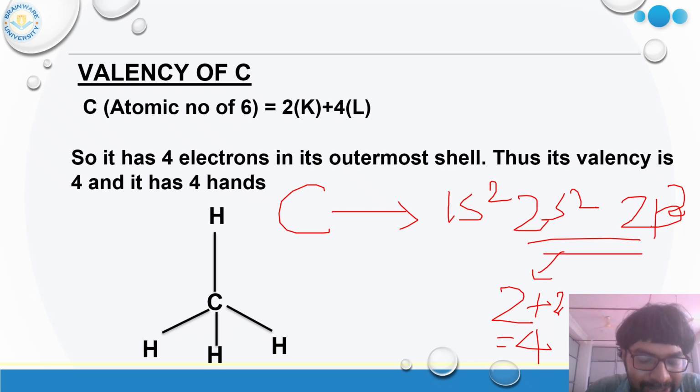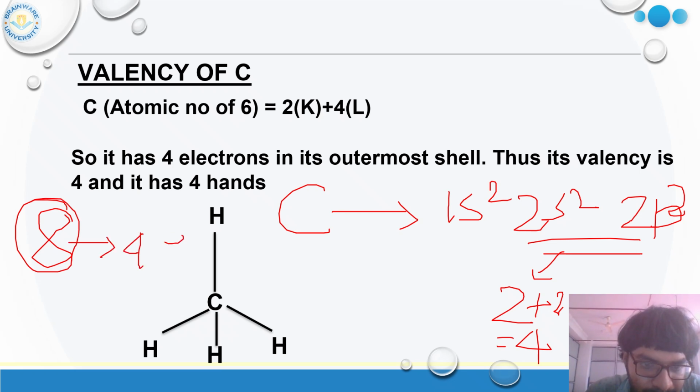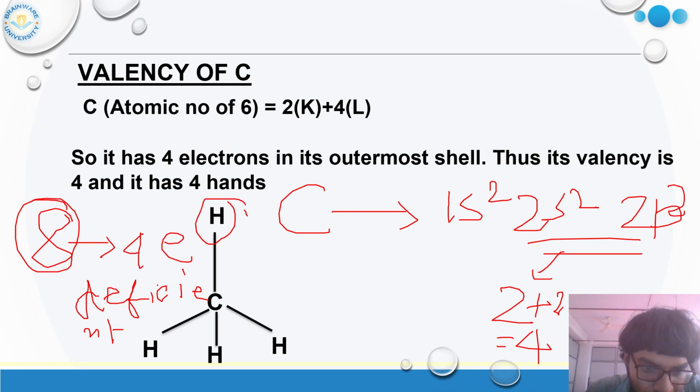So how many electrons are required to complete the shell? 8. So it is how many electron deficient? It is 4 electron deficient. So carbon will try to form bonds with 4 atoms. Just look at this. It has formed bonds with 4 hydrogens. From this we can conclude that carbon has 4 hands.